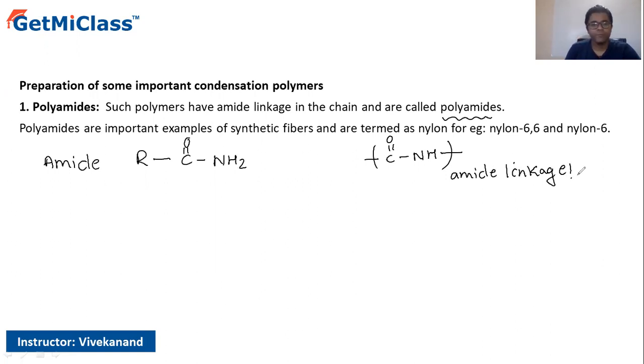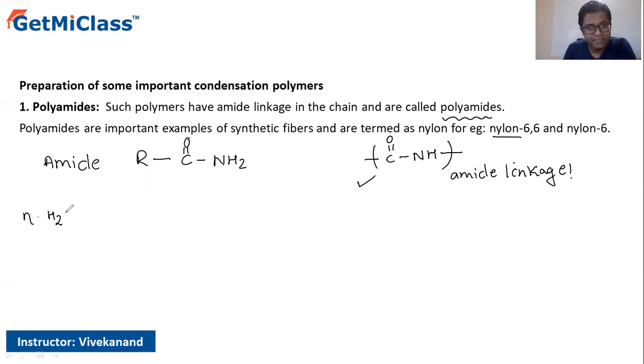So therefore, let's observe one example in order to prove this, that is with the help of nylon 6,6. So in nylon 6,6, what we observe is that it is due to the reaction between two monomers. The two monomers involved are n number of hexamethylene diamine.